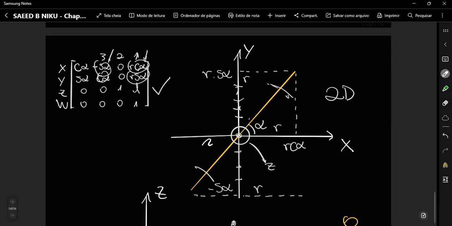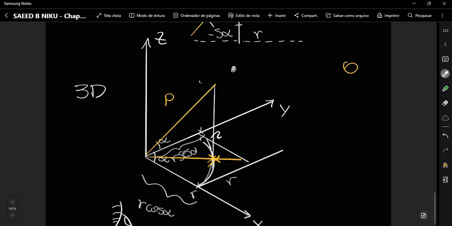Okay, so let's say L is for length. Right here is the length.